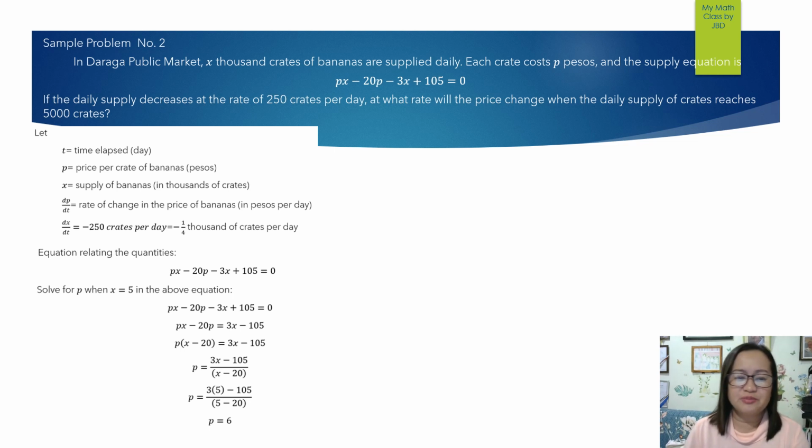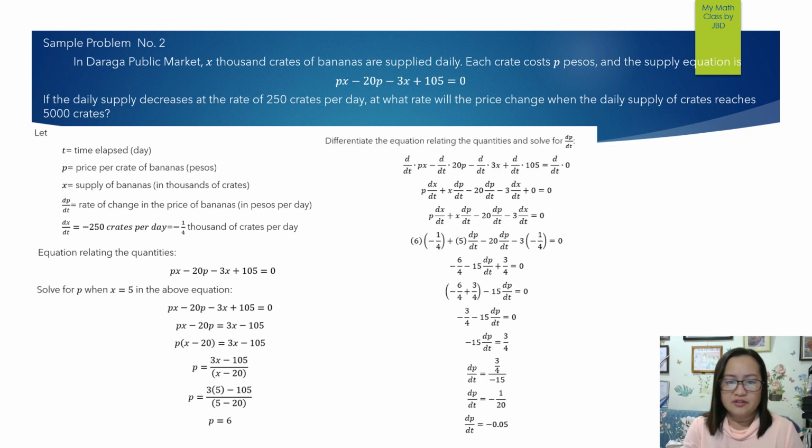We differentiate both sides of the equation relating the quantities, so we would be able to get dP/dt equals negative 0.05.